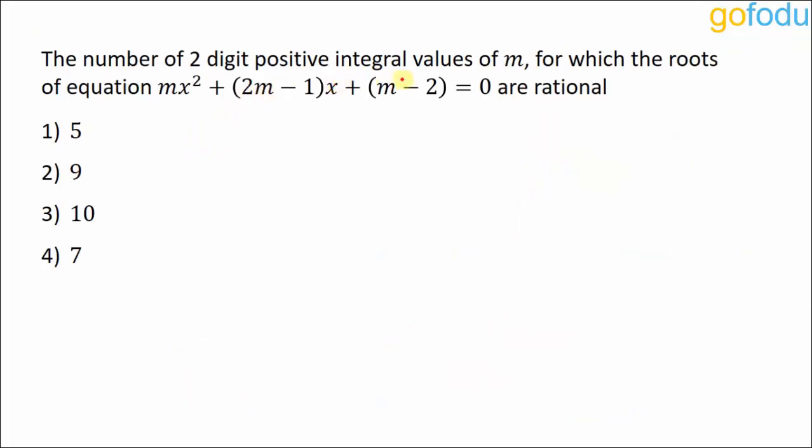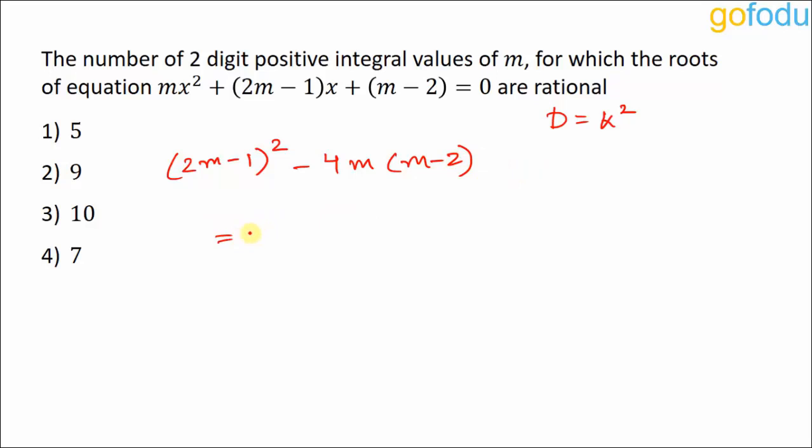The number of two-digit positive integral values of m for which the roots of this equation are rational. We have seen this in the concept video. When roots are rational, that means the discriminant is of the form k square. So the first thing that we are going to do is find the discriminant. B square, that is (2m minus 1) whole square, minus 4, a is m and c is m minus 2.